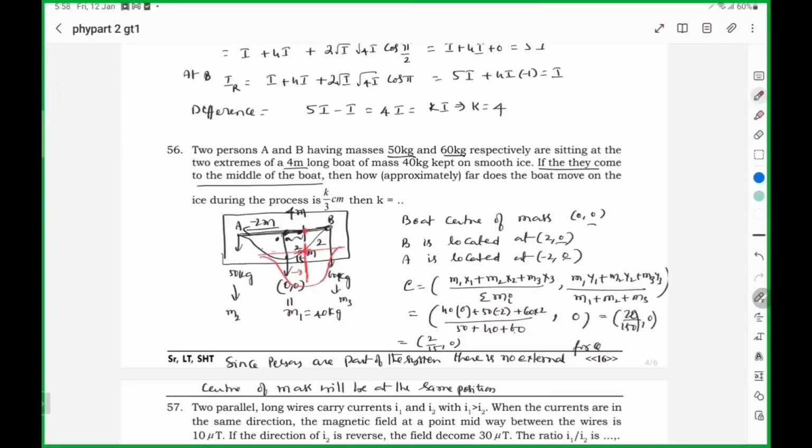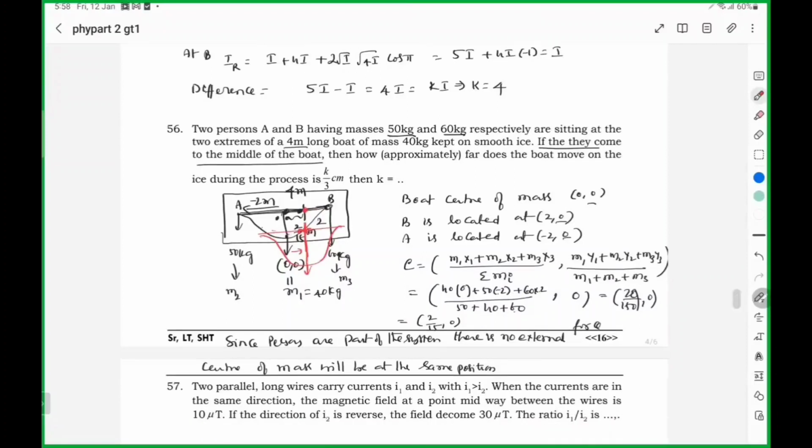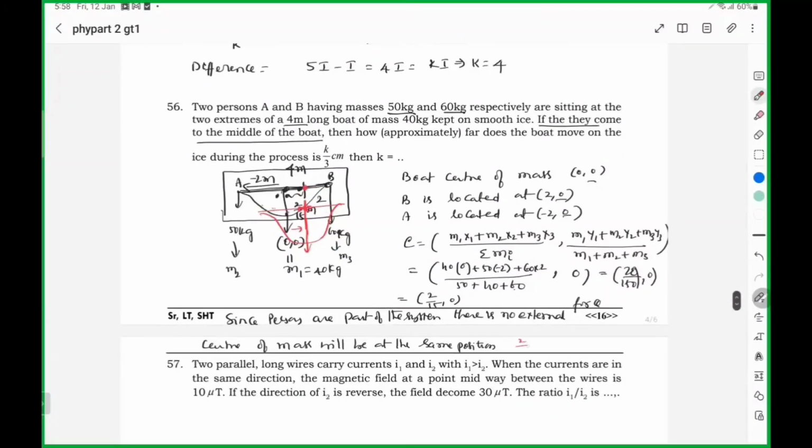When the persons are here, taking this as a reference axis, now both centers of mass will be at 2 by 15. The 2 by 15 is k by 3. So k will be 2 by 5 meters, which is 40 centimeters.